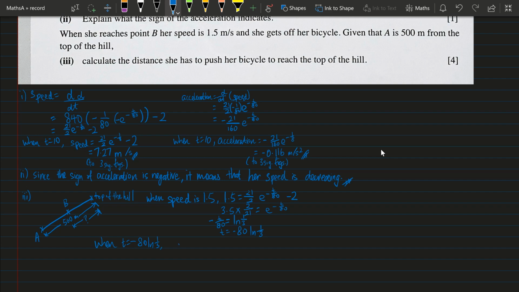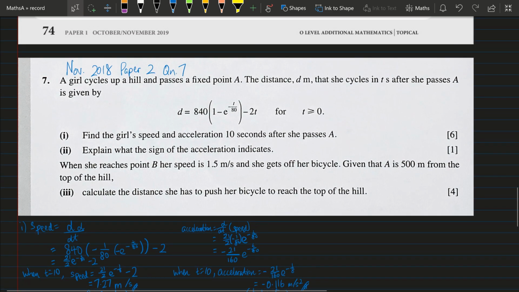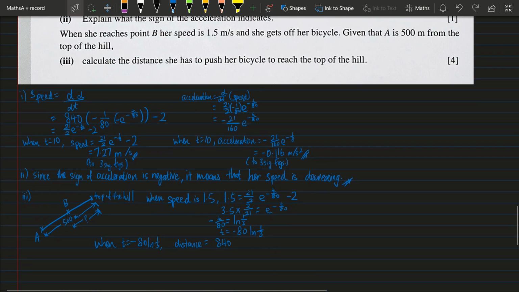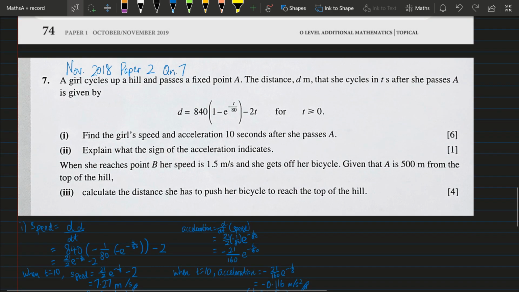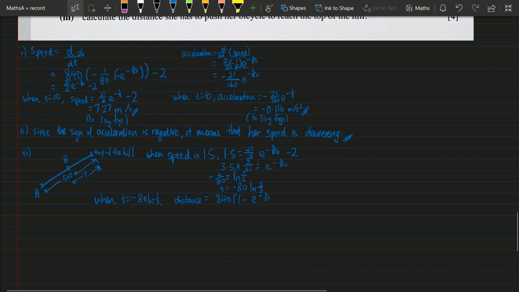this distance will be equal to 840. If you can't remember, let's just scroll it up. 840 multiplied by 1 minus exponential negative t over 80, plus, minus 2t.